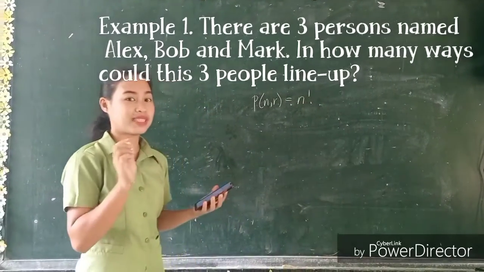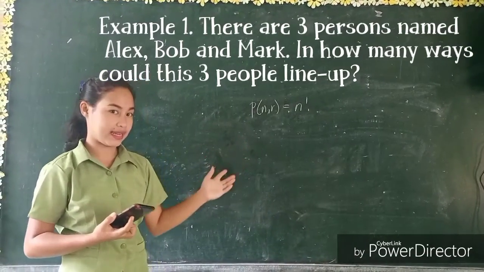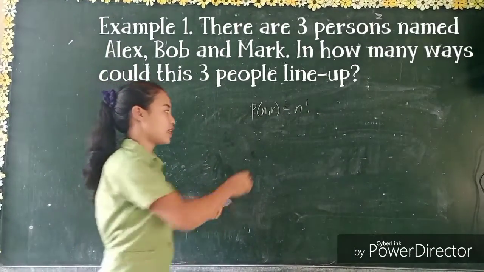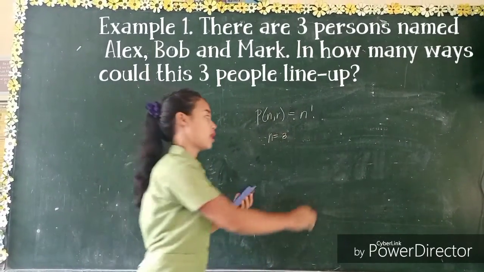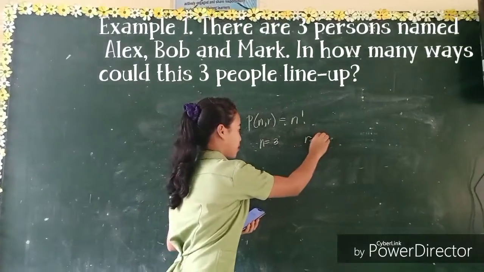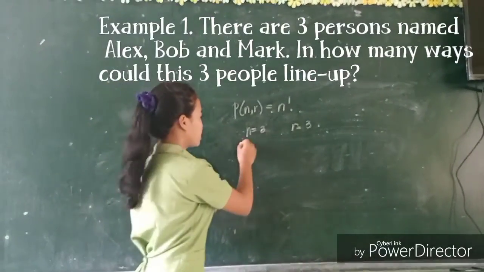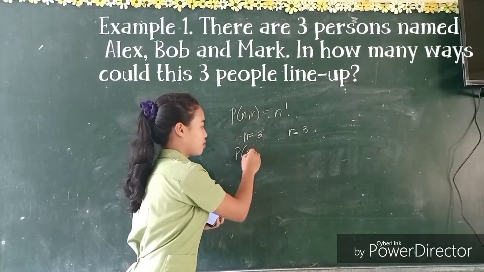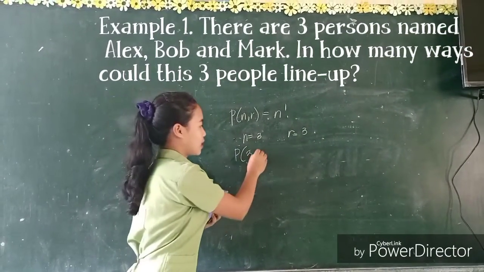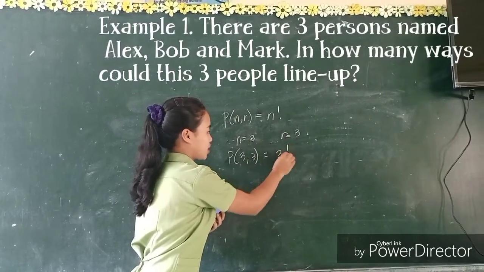It is because there is no number of objects taken at a time in our problem. So our n is 3, and our r also is 3. Proceeding to our formula, permutation of 3 objects taken 3 at a time is equal to 3 factorial.